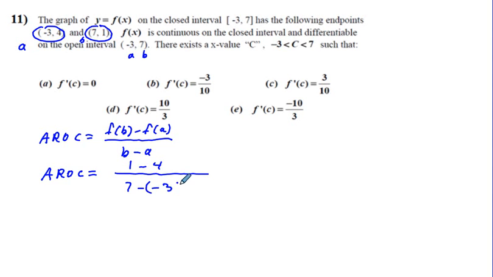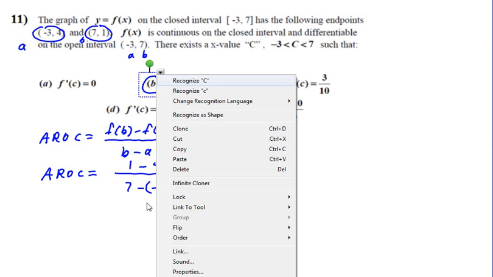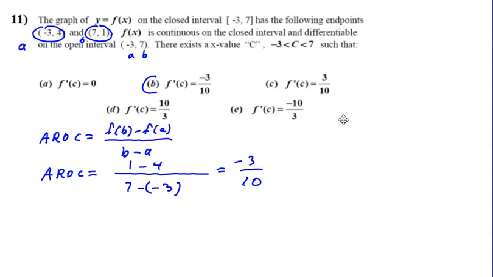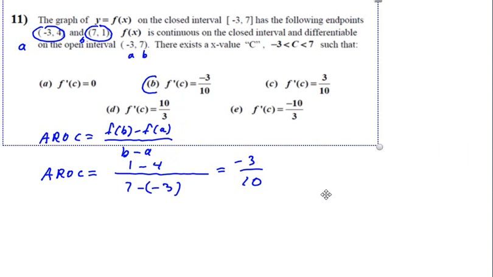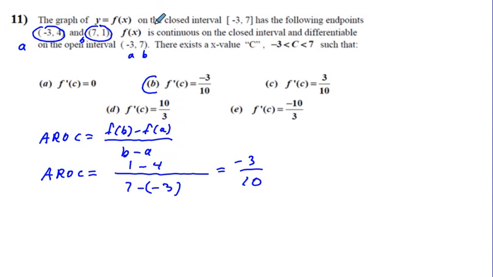That looks better. So here we get negative 3 over 10, which is answer choice B. What I saw here on the test was, unfortunately, some people picked this one here, negative 10 over 3. It is not that at all.